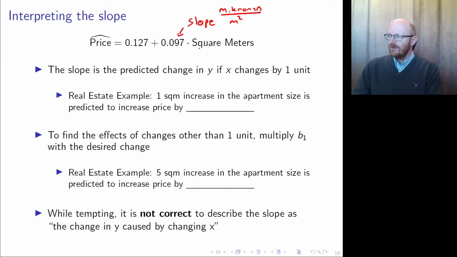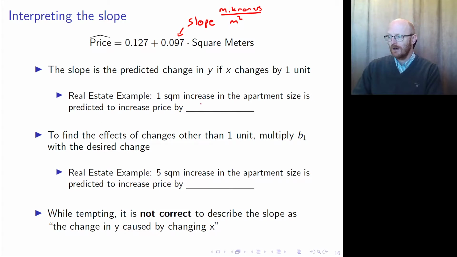So if you look at 2 different apartments, and one apartment is 1 square meter larger than the other, then your estimated value increases by this slope.